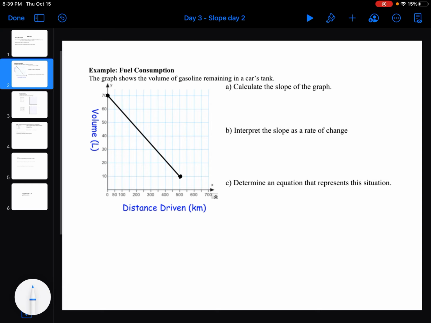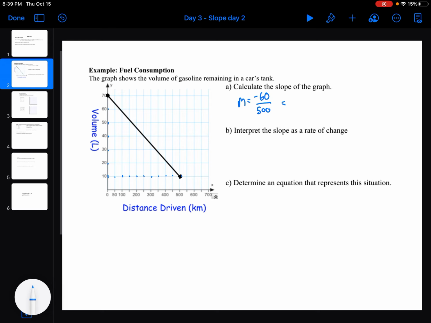Well, it's going down 10, 20, 30, 40, 50, 60, so the slope is going to be negative 60 over 50, 100, 150, 200, 250, 300, 350, 400, 450, 500. Okay, now I counted that all up just to make sure that I was right, but you could quite easily see that it was 500.